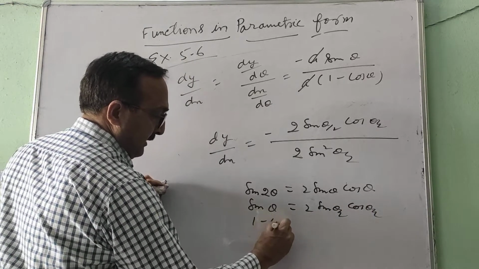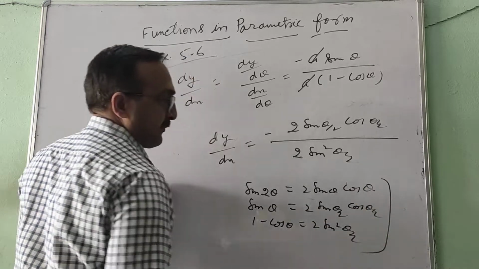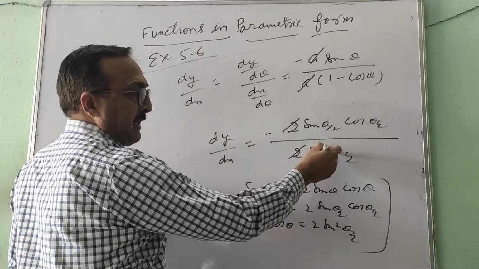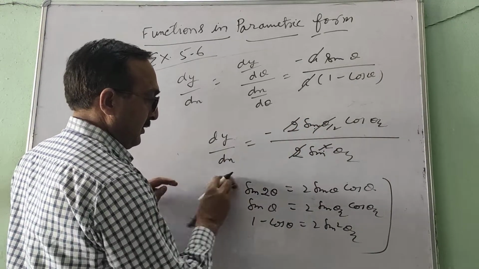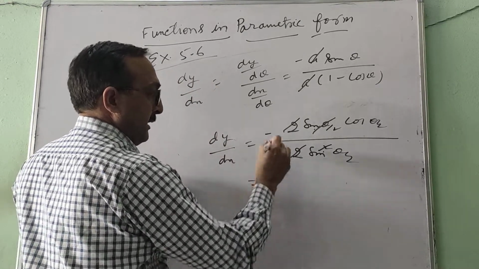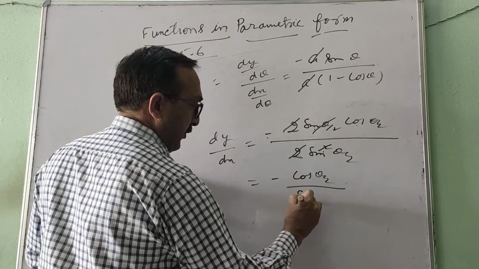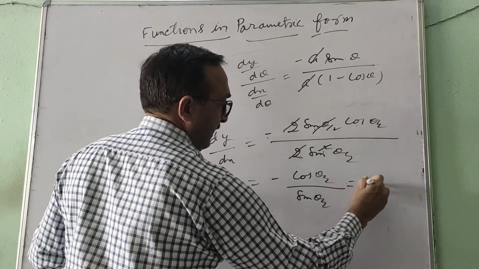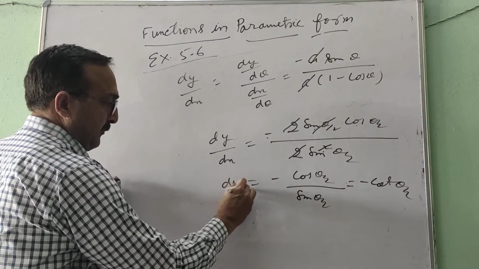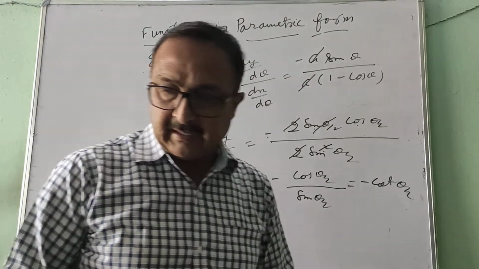And similarly 1 minus cos theta is 2 sin square theta by 2. These are the formulas. And now you simplify. 2 and 2 cancel, square and sine are cancelled. Then minus cos theta upon 2 upon sin theta upon 2, it is minus cot theta upon 2. So this is the dy upon dx value. And now this is the solution of this problem.